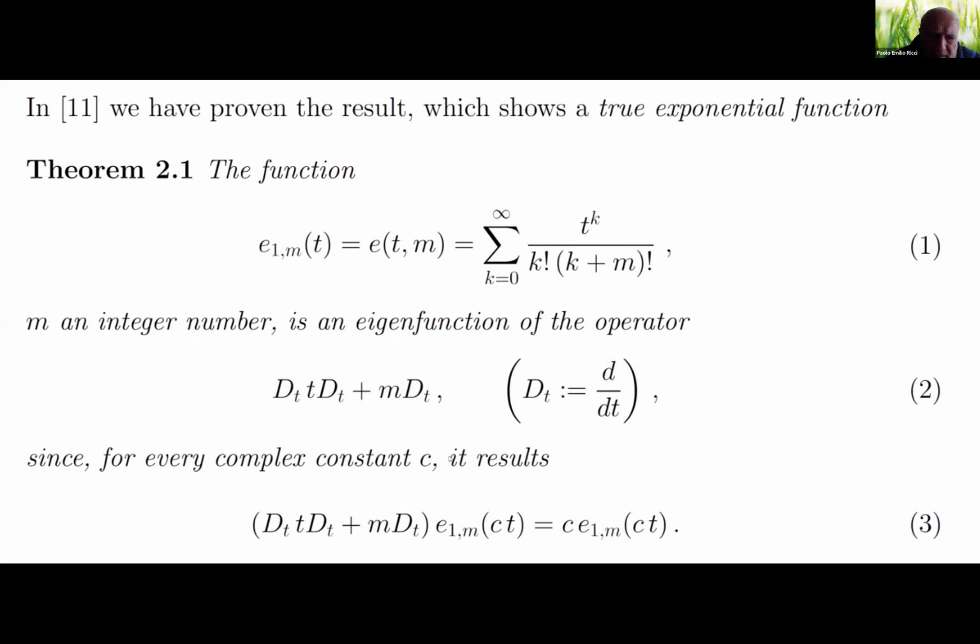For every complex c, if you apply this operator here to this function, the function of Mishra, the same as before, you recover the same function multiplied by c. So this means that this is an eigenfunction of this operator.